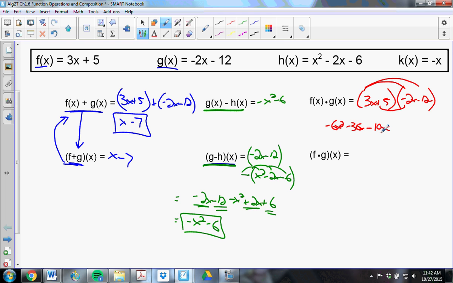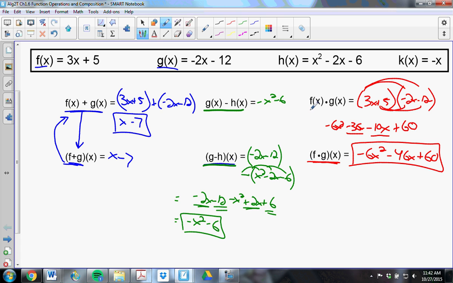Sorry, my handwriting is getting pretty poor. And 5 times negative 12 is positive 60. So it becomes negative 6x squared minus 46x plus 60, because these two combined in the middle. That's f times g of x. Those mean the same thing. So that's function addition, subtraction, multiplication.